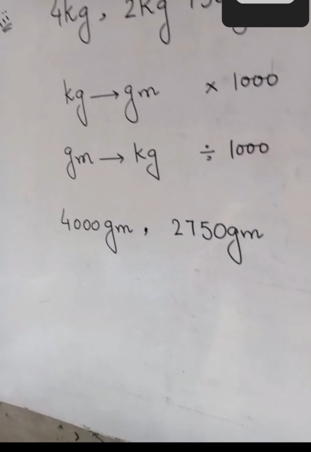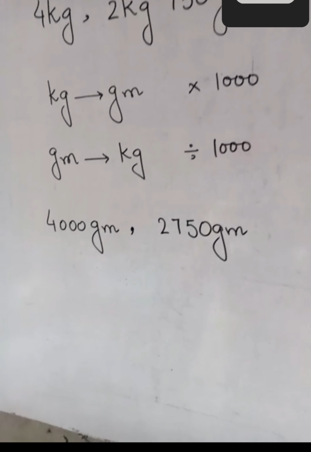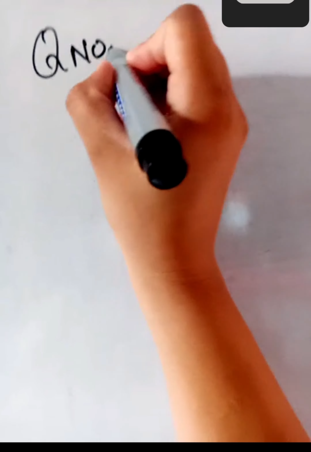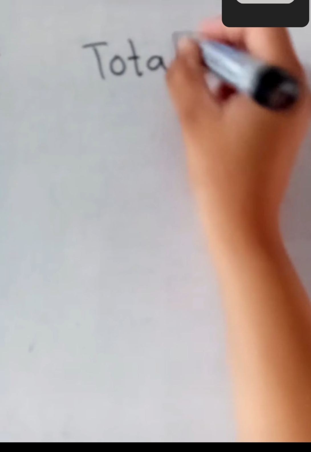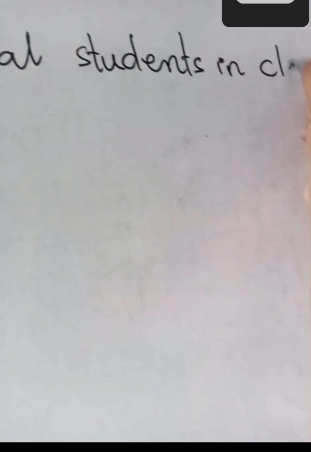In a class of 60 students, 25 students are girls and remaining students are boys. Compute the ratio. Okay, question number 2. It is a simple question, not a difficult one. Total students in class, how many are they? 60.